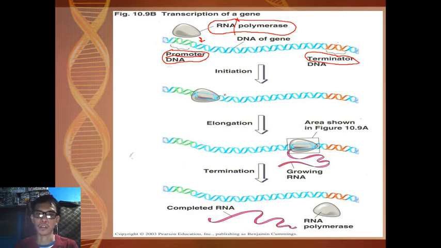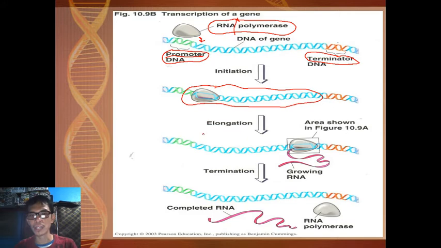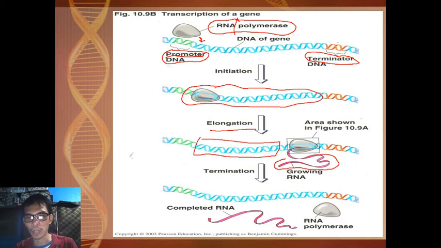transcription process. So as the RNA polymerase goes into the gene itself, that's the initiation process, and then the elongation process as it travels down the stretch of your genes. As you can see, there is a growing RNA that we have right here.